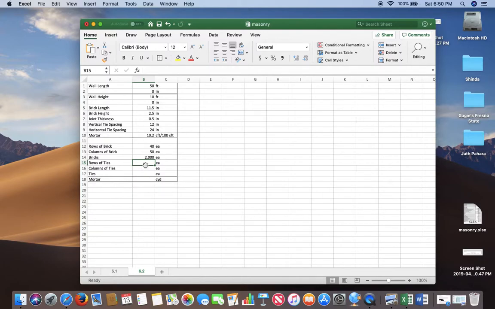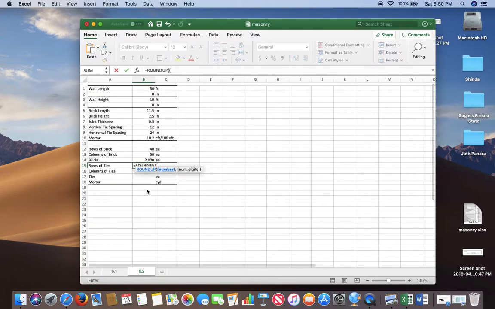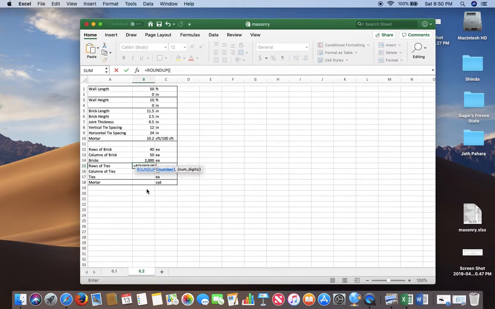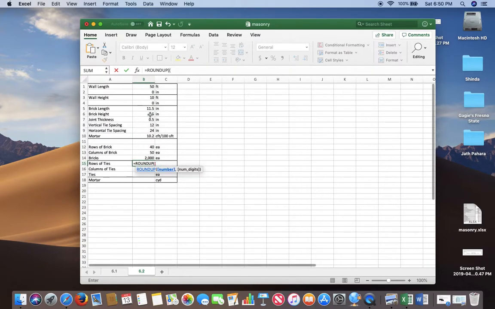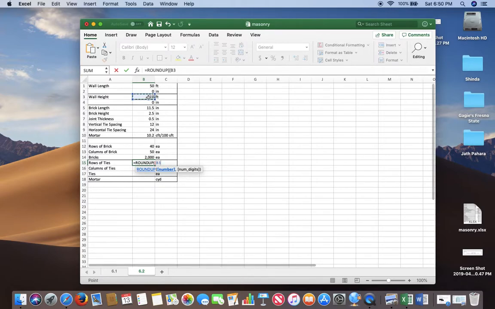And then the rows of ties. We're going to go back to the ROUNDUP formula. So we'll type in equal ROUNDUP. Select that one, drop in our second set of parentheses. We'll go up to B3, so our wall height again, and then times that by 12, plus B4, which is 0 in our case.